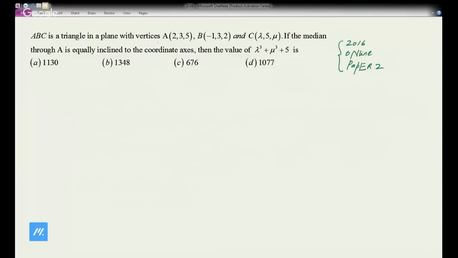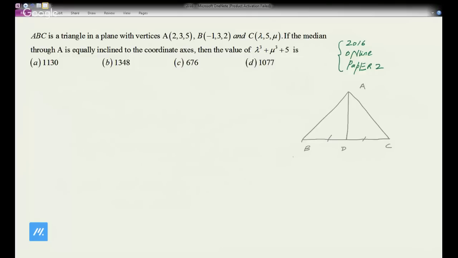ABC is a triangle in a plane with vertices A, B, and C, where C is given in terms of lambda. Let's draw something with a light pen. So it's a triangle ABC, and it is given that AD is the median, where BD and DC are equal.